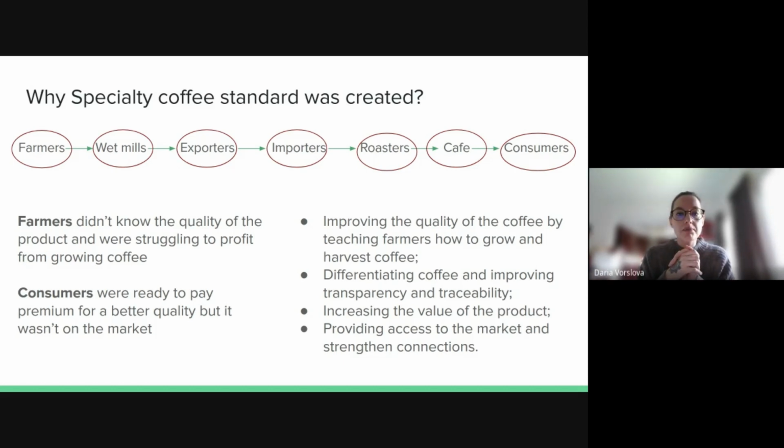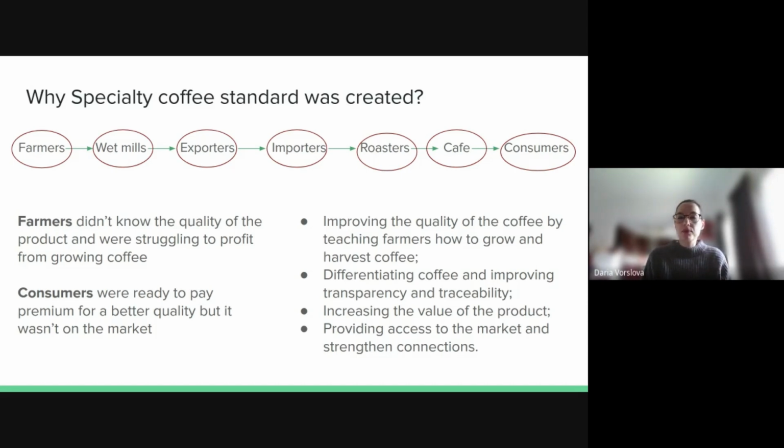And it increases the value of the product for the consumers, because the taste is better, the green beans are cleaner, and we know where the coffee is from. We know information about when it was harvested, how it was processed, what the controllables were, etc., etc. A lot of things.